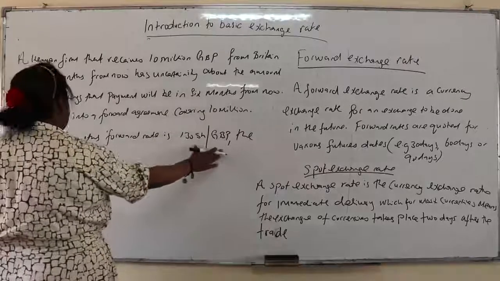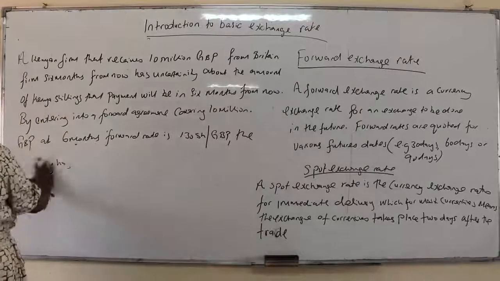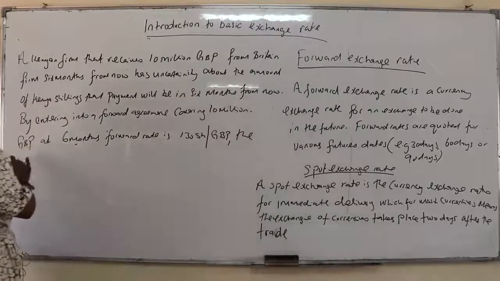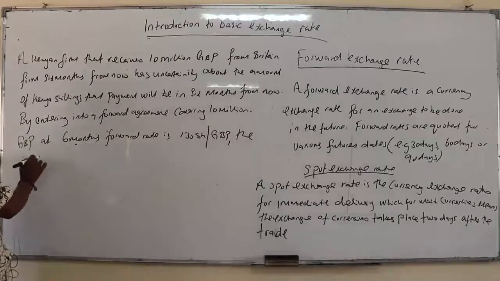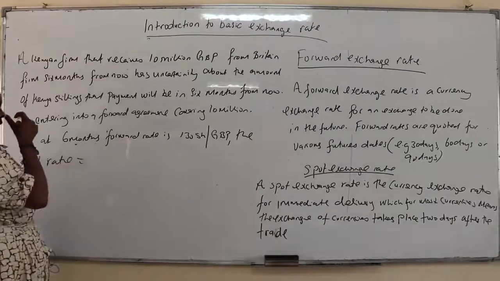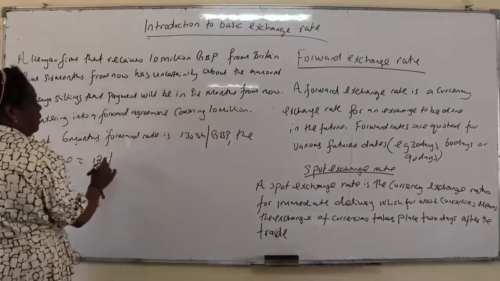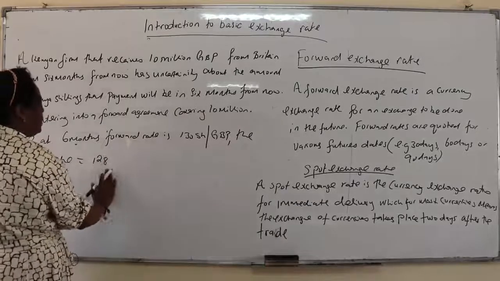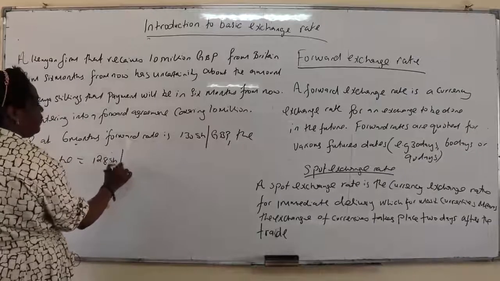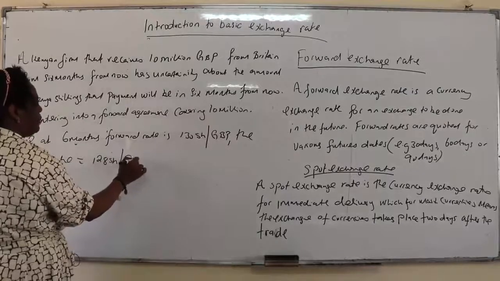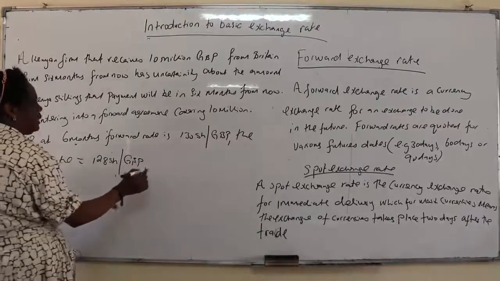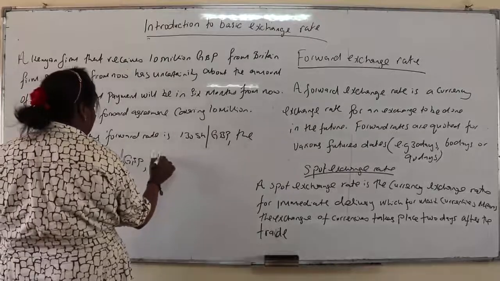Of course, we can also add that the spot rate today is about 128 Great Britain pound. Yesterday we were told the spot exchange rate was 129.